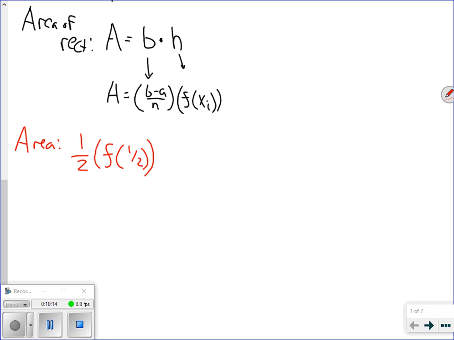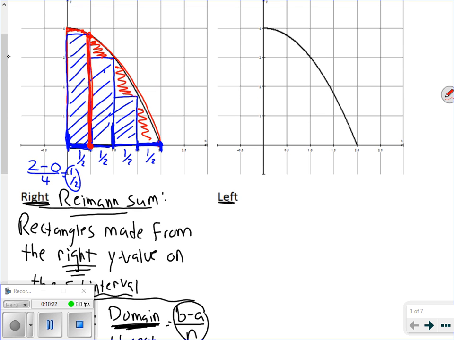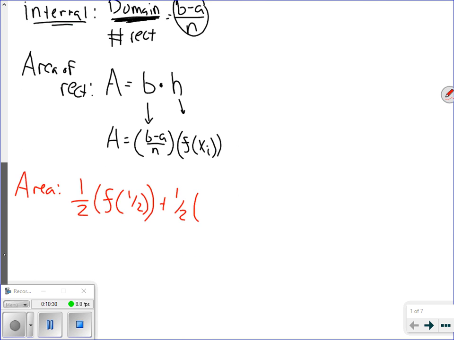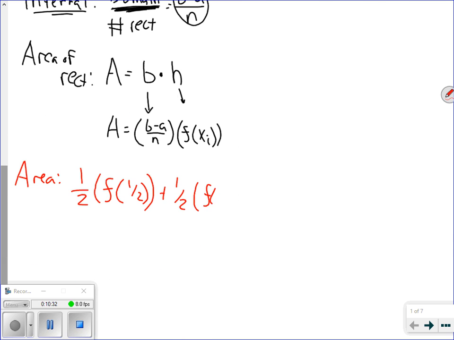That's base times height. The second rectangle is going to be base 1/2, and then the height, if we look at the top here, is the y value right here, right? Isn't that the height, which is just f of 1. And then the third rectangle is going to be 1/2 times f of the next interval, which would be 1.5, or f of 3/2.